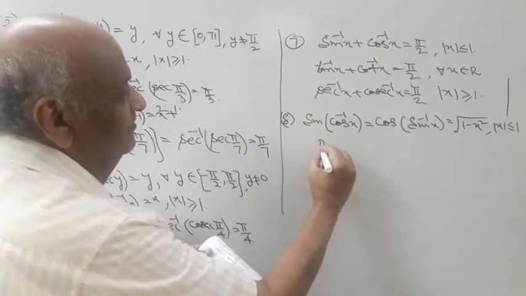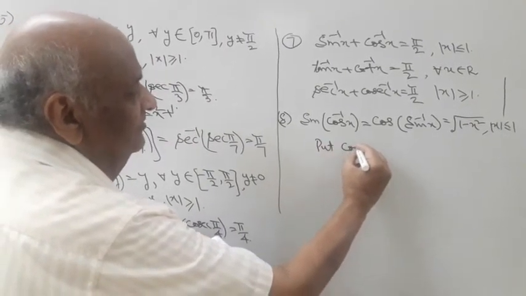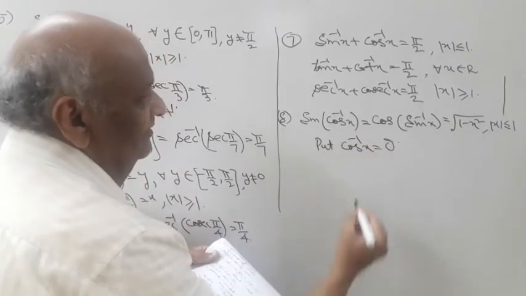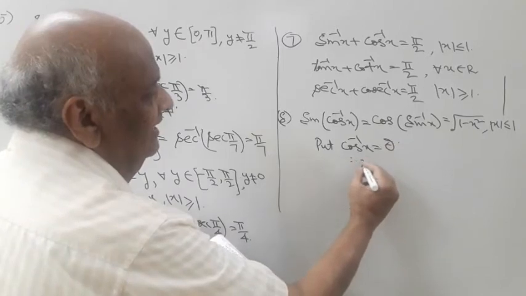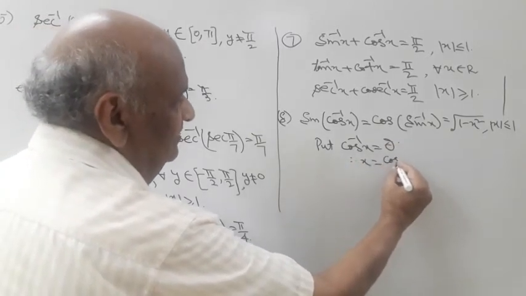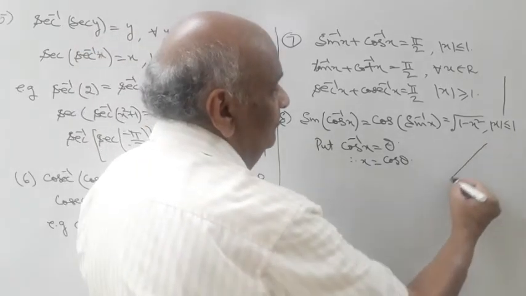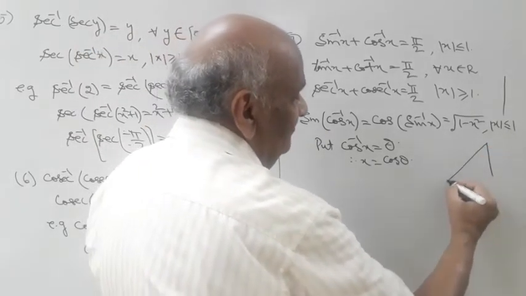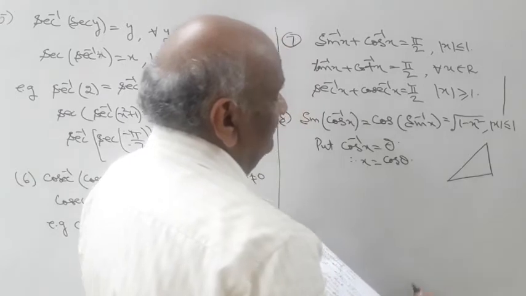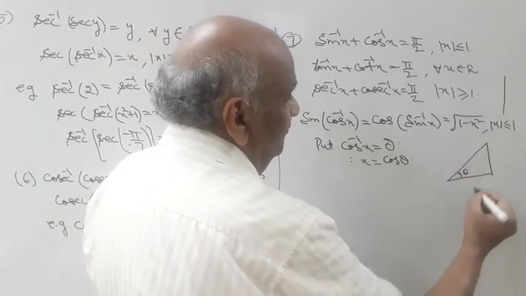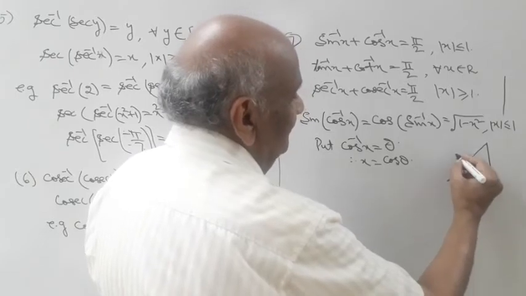I say put cos inverse of x is equal to theta. Check out. Therefore x is equal to cos theta. Look, draw a triangle on the right hand side. It is x is equal to cos theta. This is theta. So cos theta is x over 1.